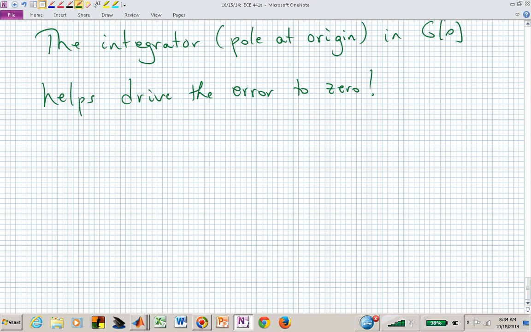What's the DC gain of this type 1 system? That's what we were using to say how small or large our steady state error was for a type 0 system. Now for a type 1 system, with that pole at the origin, we don't have a DC gain, do we?